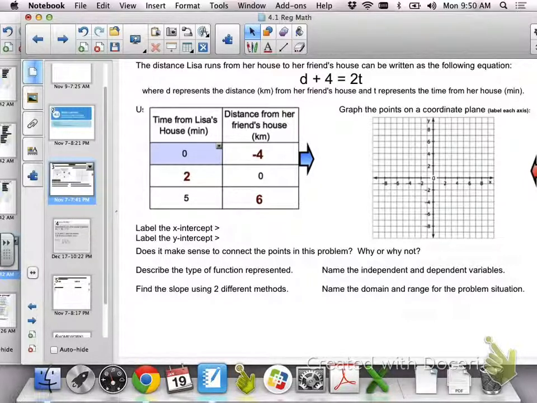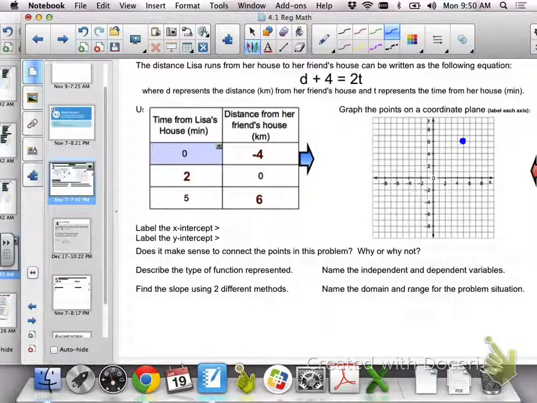So if I go 5, 6, how do I move? Up, down, left, right? Right. You go right, 1, 2, 3, 4, 5. And then where do I go? Up 6. Then I have to go up 6.